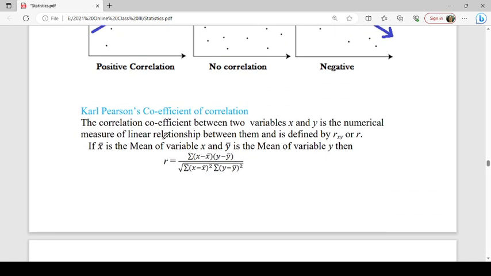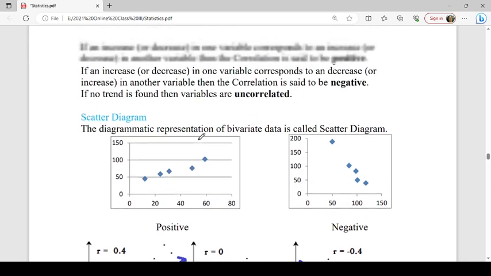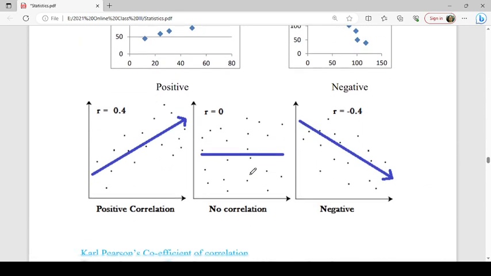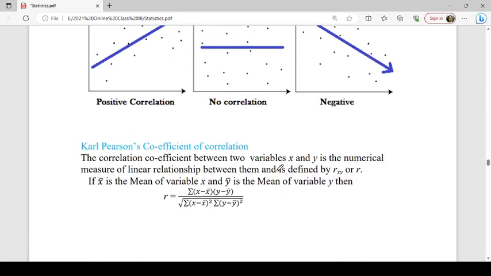Then mathematically, this is scatter diagram. We just plot the points, plot the coordinates, and we have some trend. But mathematically, we have two variables, one is x, other is y, and we use this formula, x minus x bar, y minus y bar, then multiply them, square them, use this formula, and we have the r.